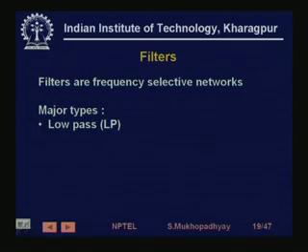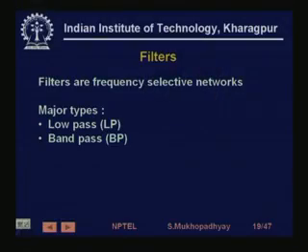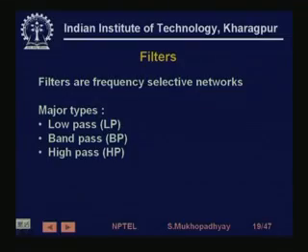For example, we have low pass filters, in which we pass low frequency and stop high frequency. We have band pass filters, where we only pass within a certain band from some frequency f min to f max. Frequencies lower than f min are rejected, and higher than f max are also rejected. Such filters are called band pass. Similarly, we have high pass, in which we reject below a certain level.